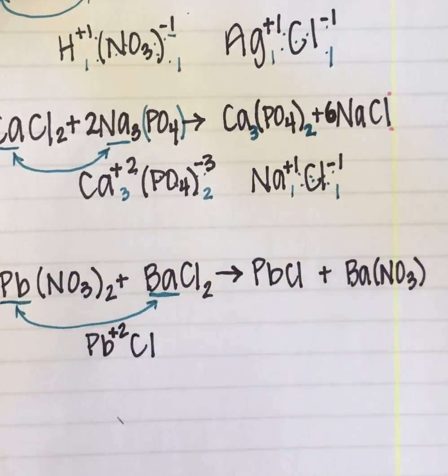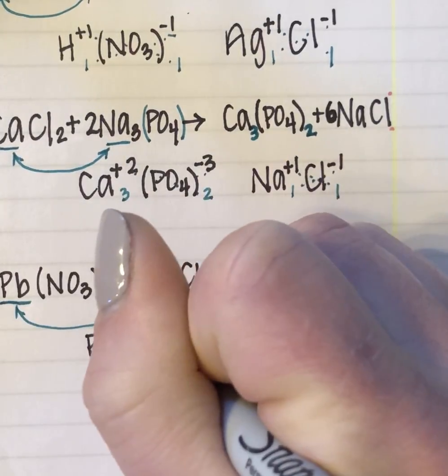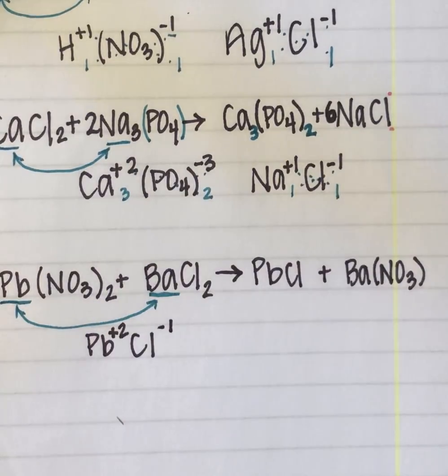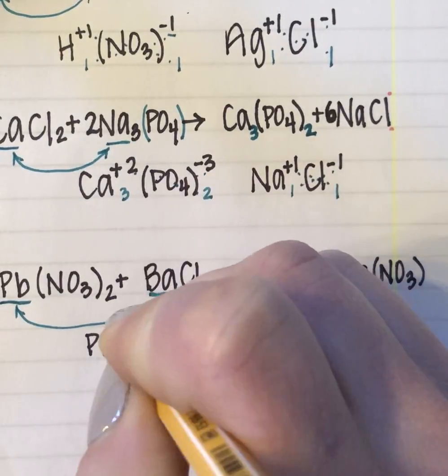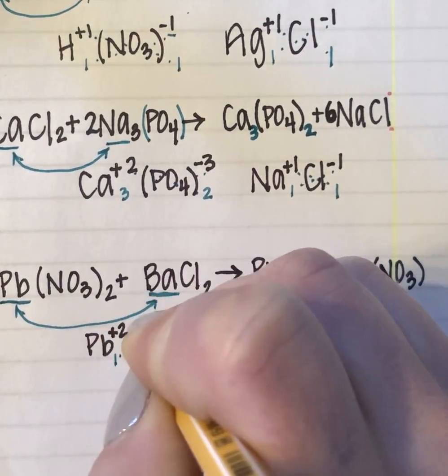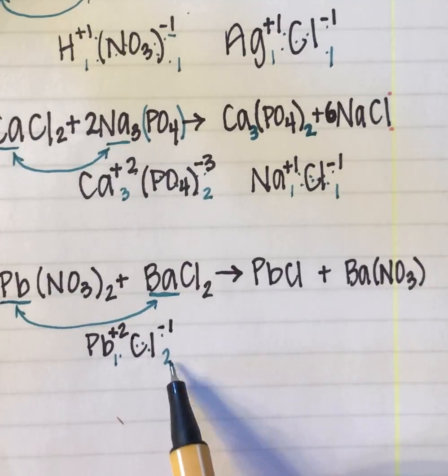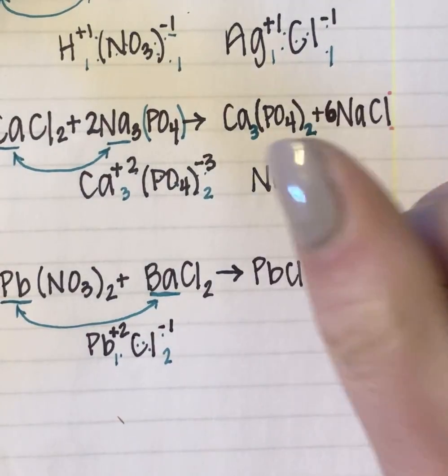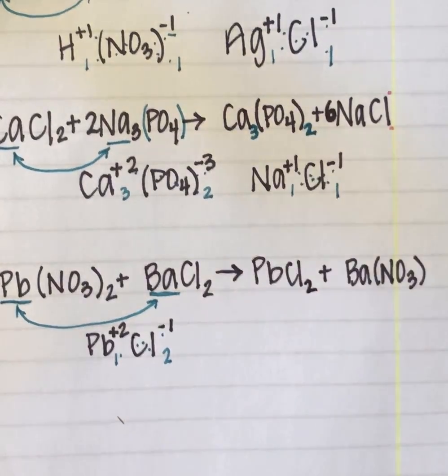So if there are 2 -1 charges, lead must be +2 to make that a neutral compound. Chlorine is generally -1. So when I do my crisscross, I see that lead and chlorine combine in a 1:2 ratio. So that means I need to add a little 2 right here to my lead chloride formula.